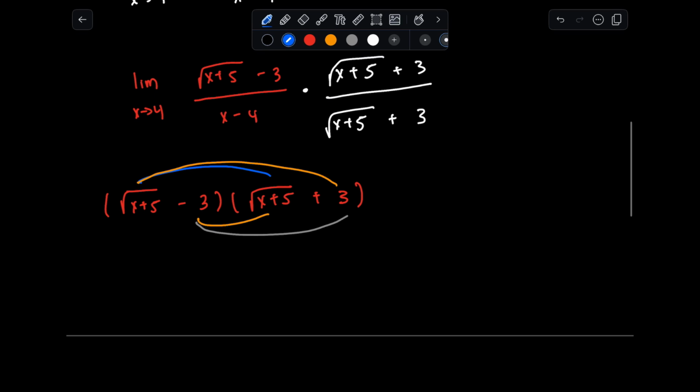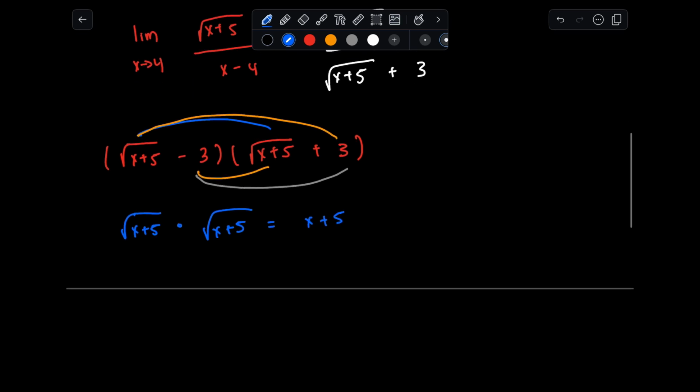And so taking care of the blue part first, the square root of x plus 5 times the square root of x plus 5 is nothing more than x plus 5. Now, for the first orange part, we have the square root of x plus 5 times 3.